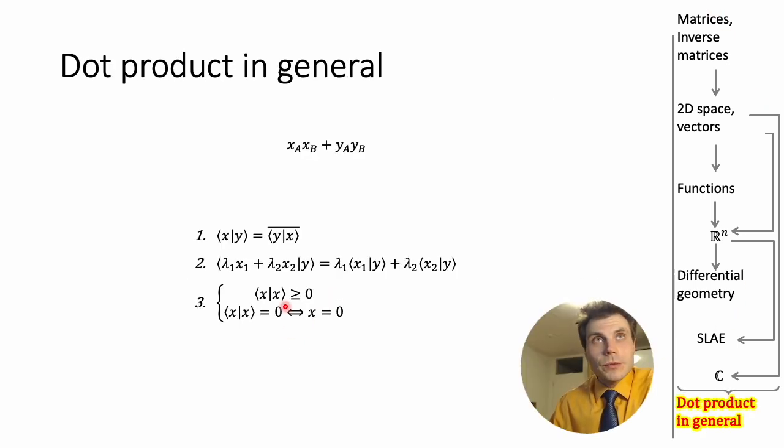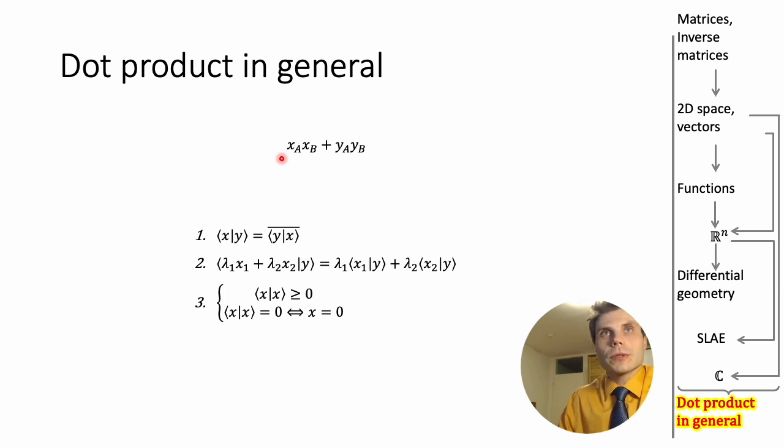So previously we introduced dot product as the following formula, as I'm pointing right here. However, it holds only in Cartesian coordinates. In other frames of reference, it may not hold, and for other input variants than just numbers, it also may not hold.